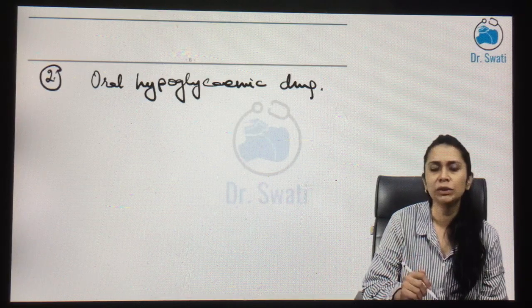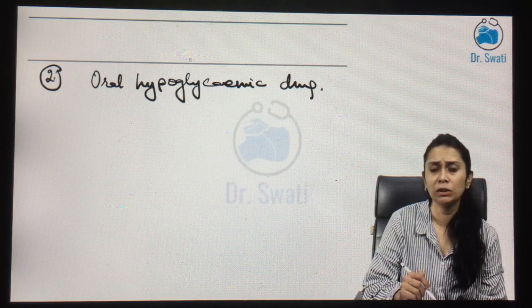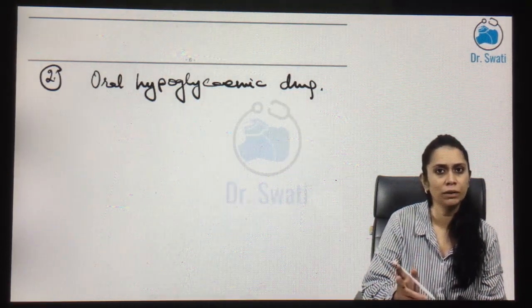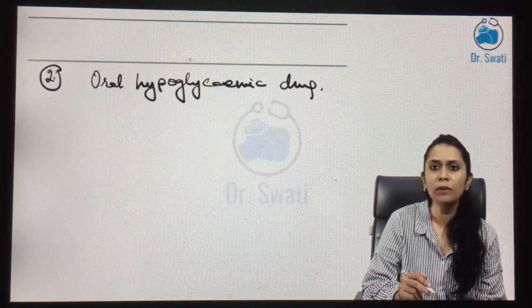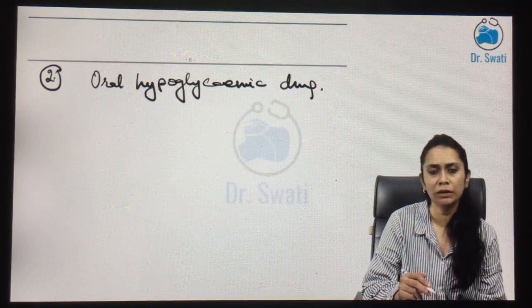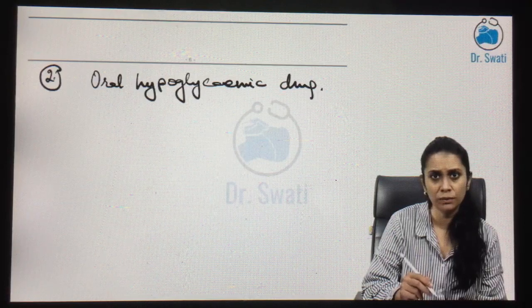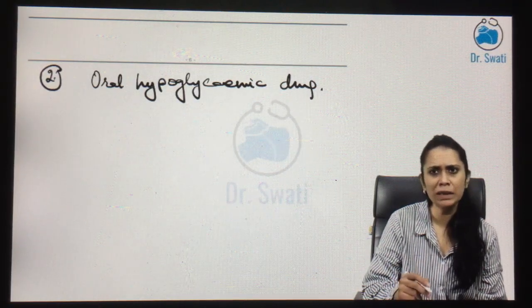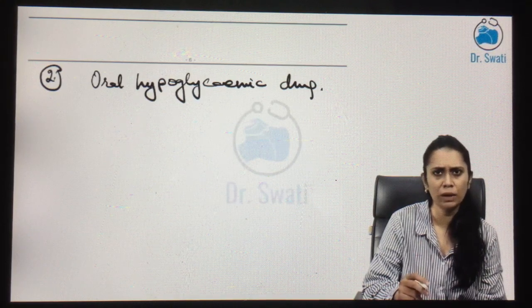In mild and moderate surgeries, little impairment of blood sugar level has no implication on the outcome of the surgery. But in major surgery like cardiac surgery, vascular surgery, the outcome of surgery is dependent upon the blood sugar level. We need a tight glycemic control. So for minor and moderate surgeries, we simply stop them. The last dose, we simply stop them.